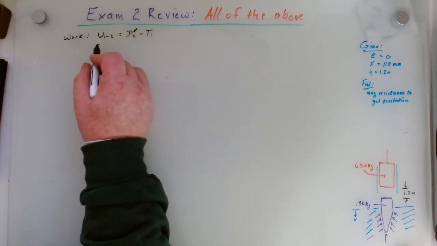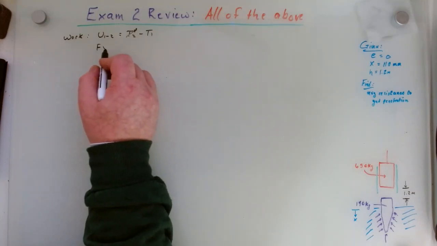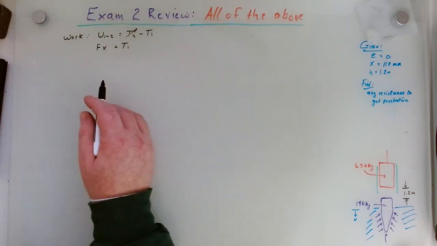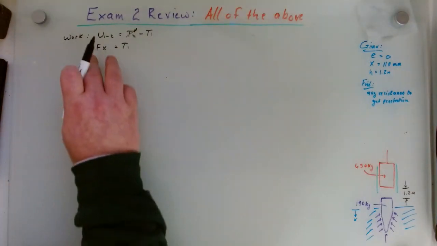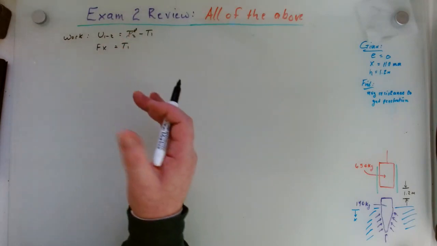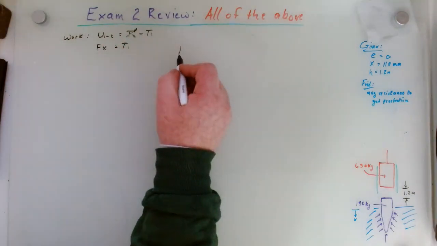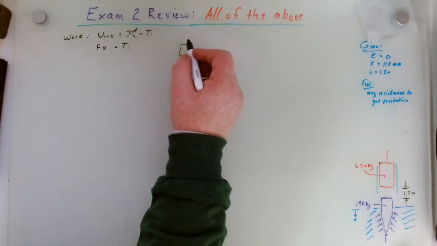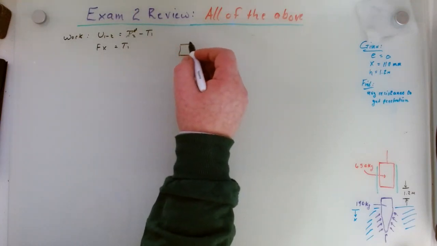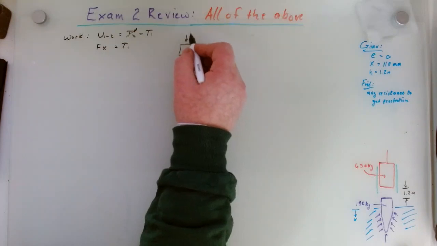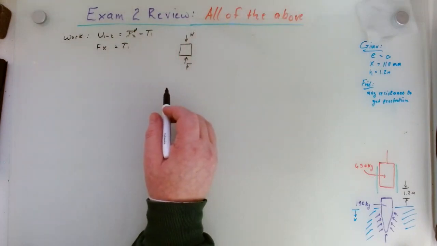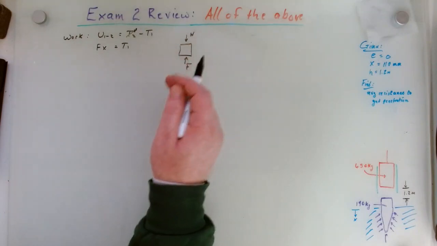And this is Fx, and that is equal to T1. Well, what is Fx? We're going to do a free body diagram, and we'll find that we've got weight up here, and we've got our force of interest down here, depending on which direction we go.